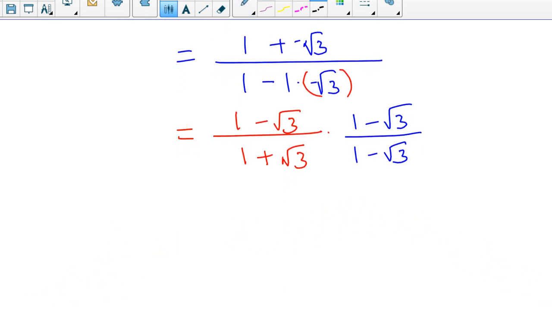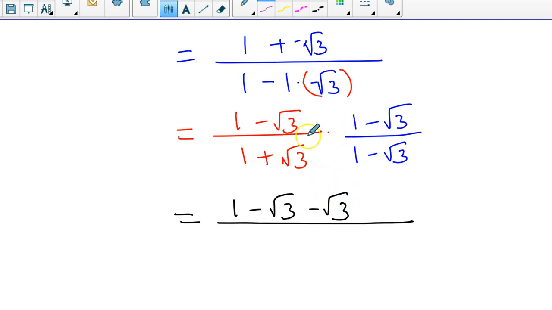Okay, so you will get here 1 times 1, that is 1. 1 times negative root 3 is negative root 3. Negative root 3 times 1 is negative square root of 3. Negative root 3 times negative root 3 is positive. And you know, square root of 3 times square root of 3 is in fact square root of 9, and root of 9 is 3.